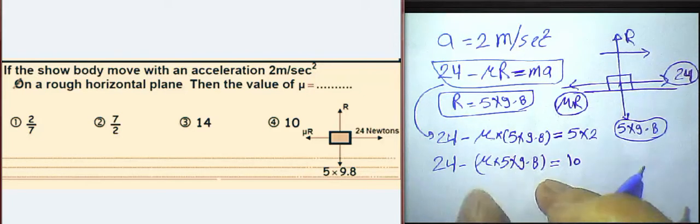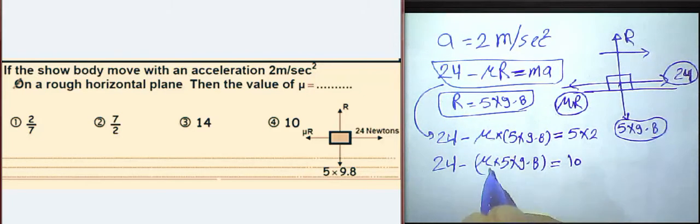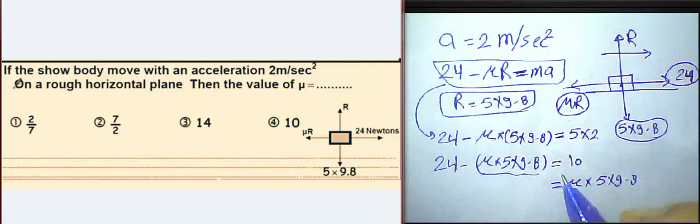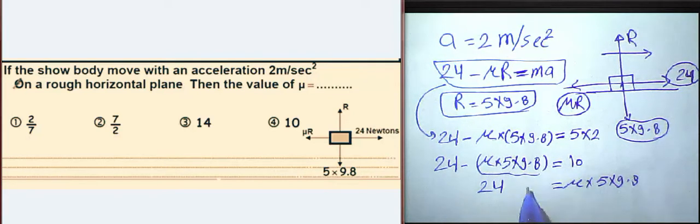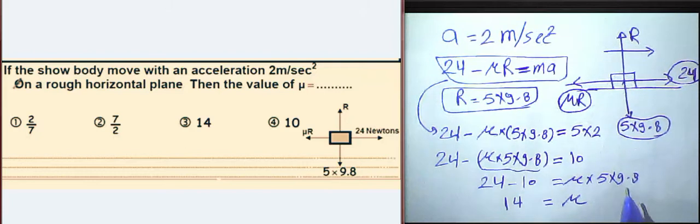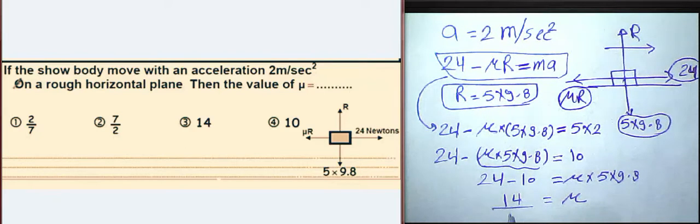So we can move this unknown here, mu multiply 9.8, to right hand side, mu multiply 5 multiply 9.8, and 10 we will move to left hand side, 24, and change the sign here. 24 subtract 10 equal 14, and mu we can divide by this coefficient to find mu, 5 multiply 9.8.